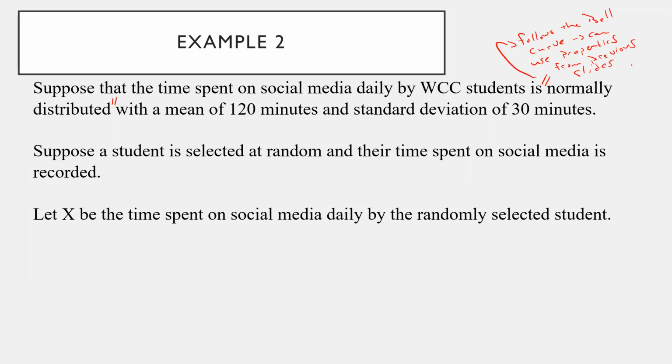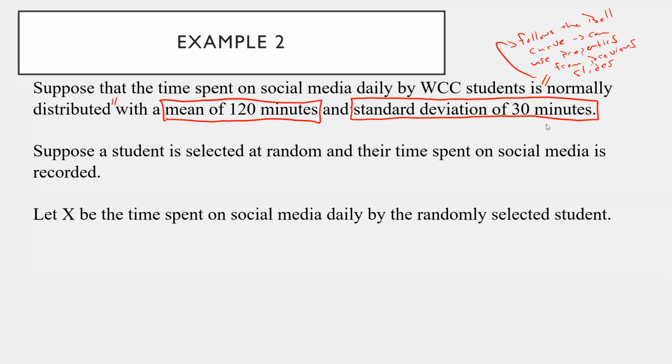Another really important thing: when something's normally distributed, I'm going to tell you what the mean is. So on average, students at WCC spend 2 hours a day on social media, or 120 minutes, with a standard deviation of 30 minutes. Please note I made these numbers up. I don't know what they really are.